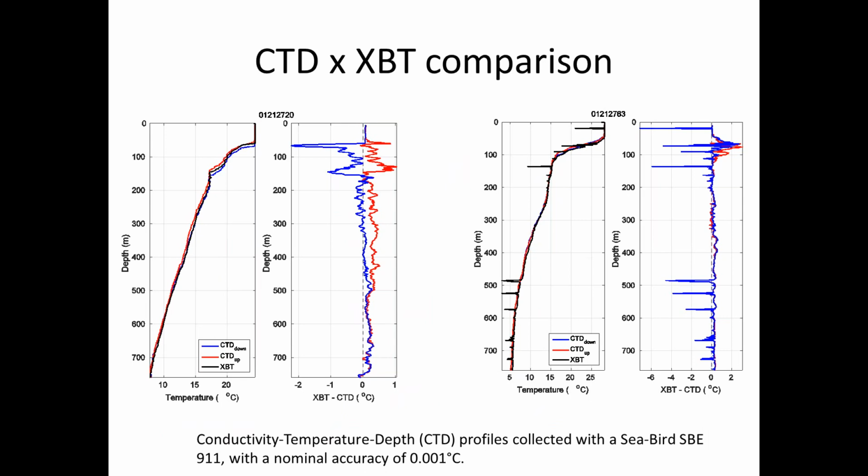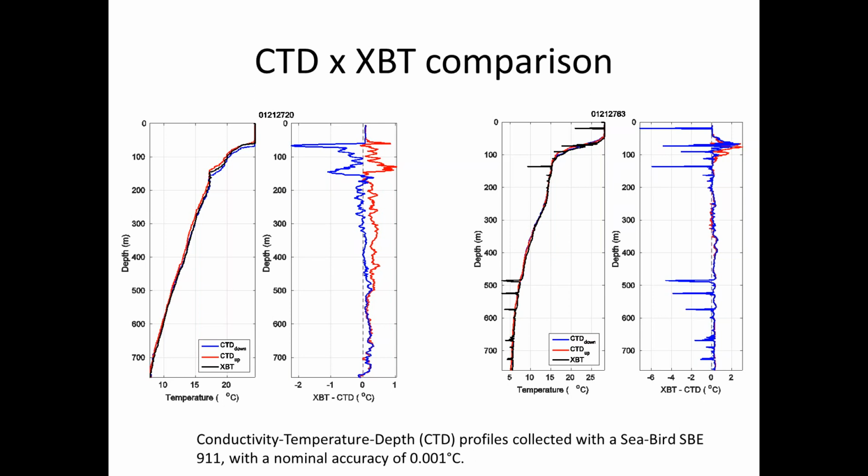So also on the CTD and XBT comparison, we take a CTD as the ground truth, but you see in a real cruise where you have the CTD going up and down, we can have a shift here, kind of a hysteresis behavior in the CTD, depending on if you go up or down. And in this case, the XBT is right in the middle here. And this could give even different offsets.